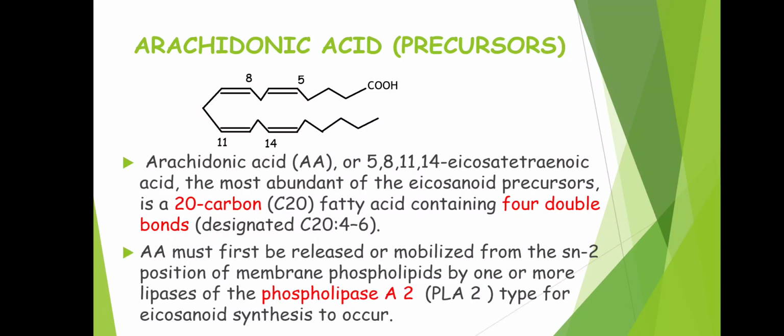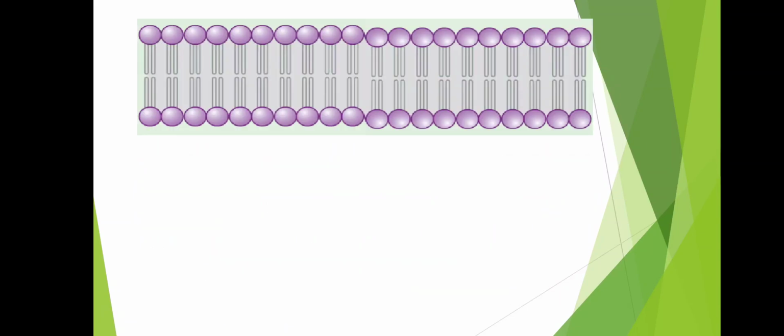Arachidonic acid must first be released or mobilized from the SN2 position of membrane phospholipids by one or more lipases of phospholipase A2 type for eicosanoid synthesis to occur. So suppose this is your membrane, or you can say plasma membrane, which is mainly composed of phospholipids.